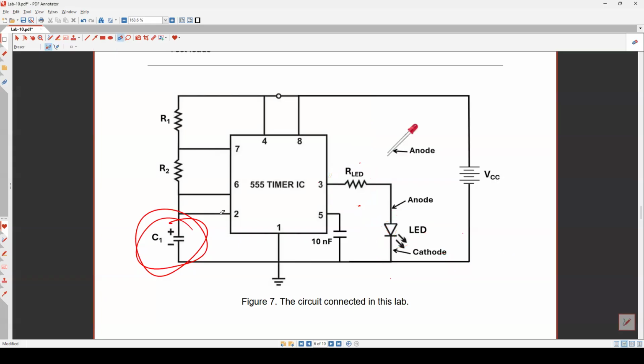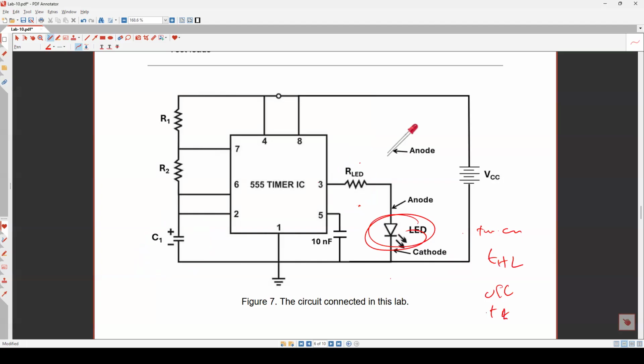Once you connect the circuit, you will see the LED is blinking. It has to turn on for TH time, and it has to turn off for TL time. One more thing you need to do: connect the oscilloscope here and here as well.